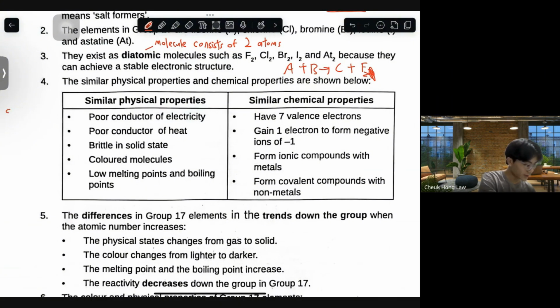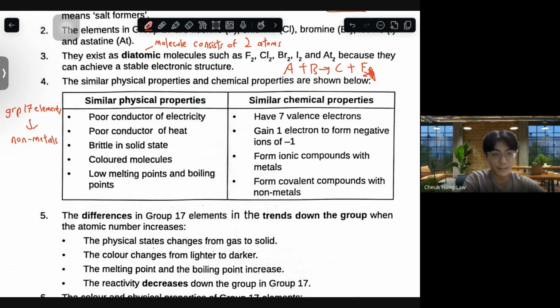So your group 17 elements are non-metals. So they will have similar physical properties as non-metals as well. And what are some of those properties? Poor conductor of electricity and heat. Your non-metals don't have any free electrons or free ions to conduct electricity.